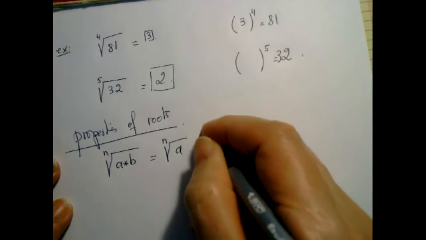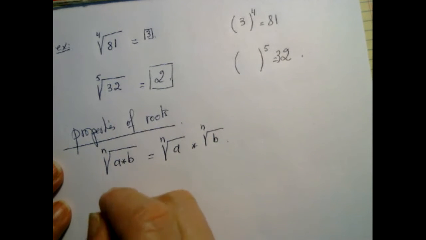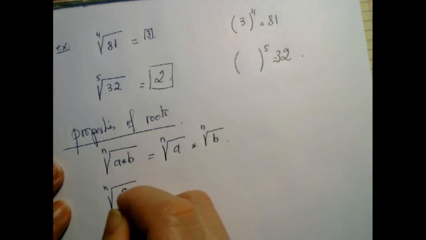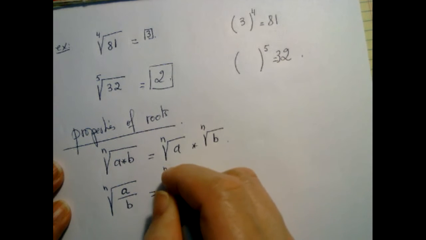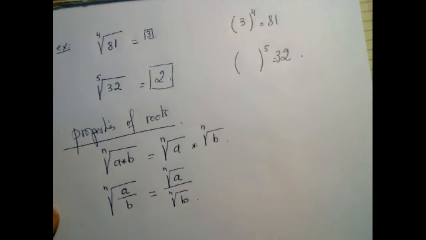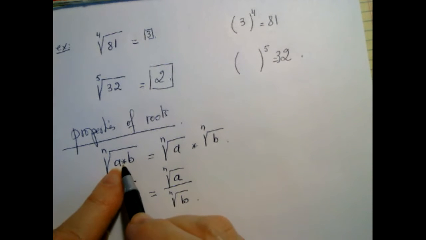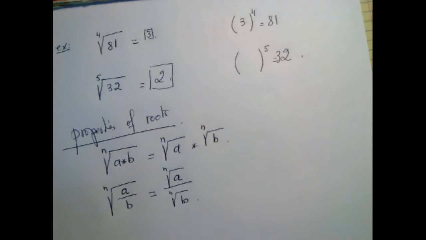When you have multiplication, you can split them. You can also split them when you have a fraction. So these are the products. We can split them, but they have to be a product.